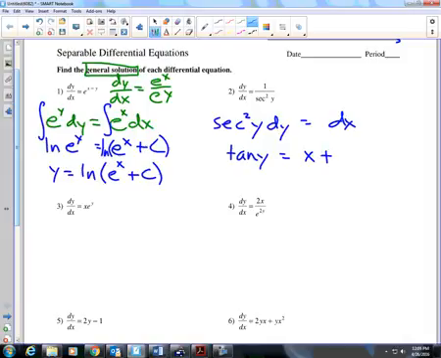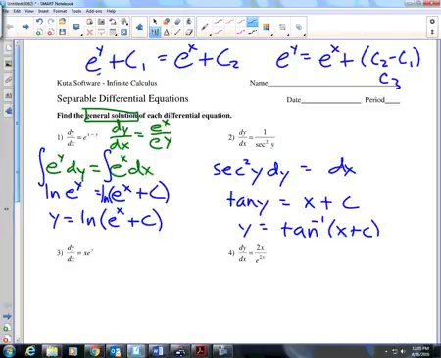X plus a constant. How do I get rid of tangent? I want to solve for y. Get rid of tangent. Inverse tan or arctan. So y equals arctan of both sides, so arctan of x plus c. Very good. And we pause there. The general solution is listed. We'll pick up tomorrow.